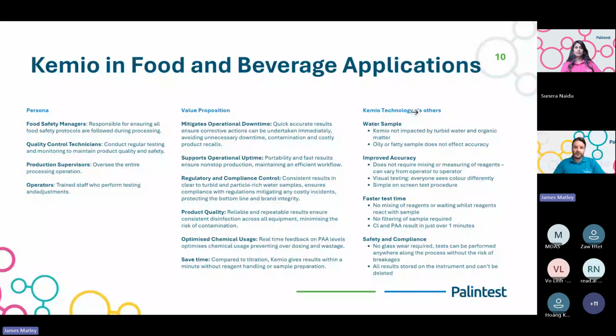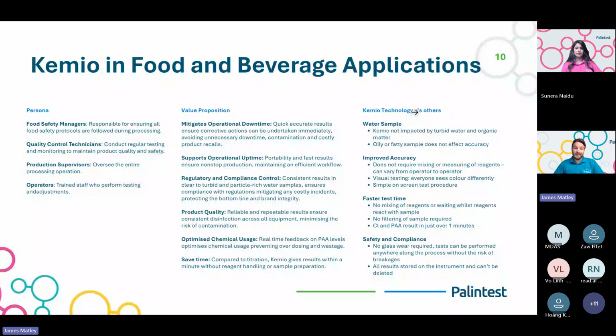What you might find in other technologies such as photometry is that from engineer to engineer, they might use a different amount of powder because if it's done by eye, you could have different levels of reagent mixed into the water sample. Reagents may not dissolve enough, therefore not completing the chemistry behind the sample taking, and therefore you won't have an accurate result. Not waiting enough time for the chemistry to occur. So these are all areas where the KMO does have an advantage over photometry.